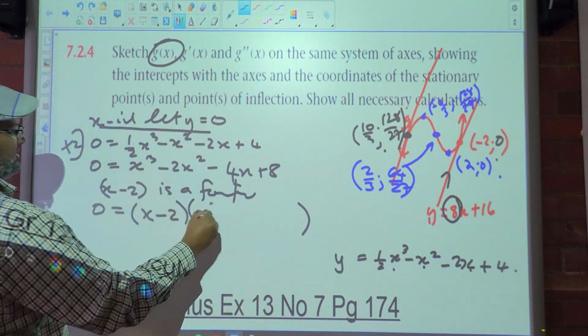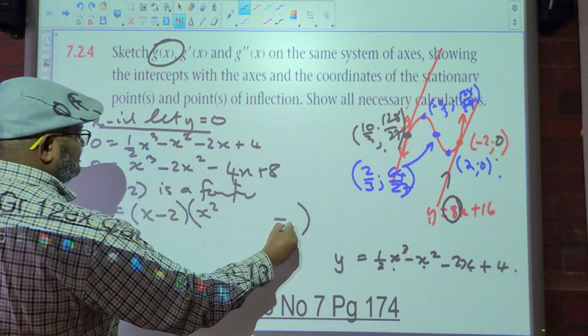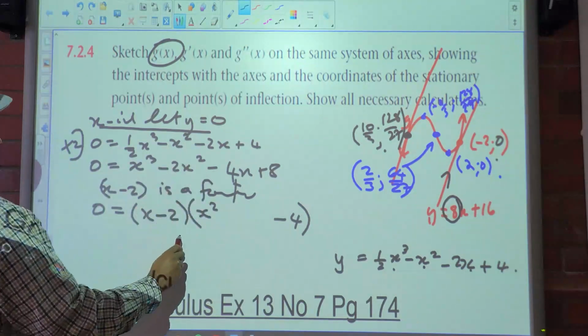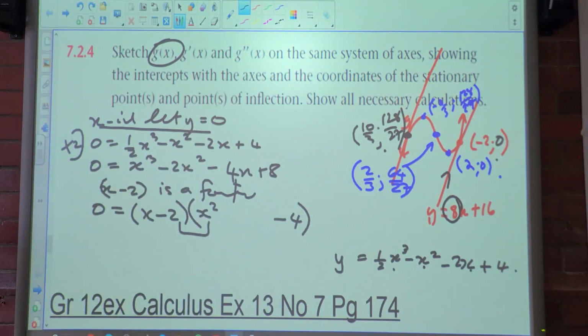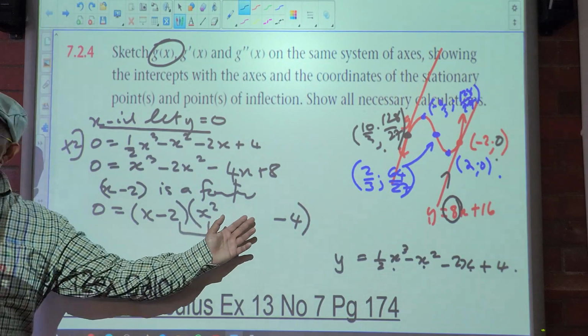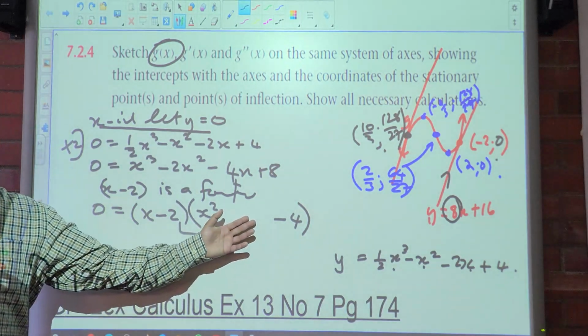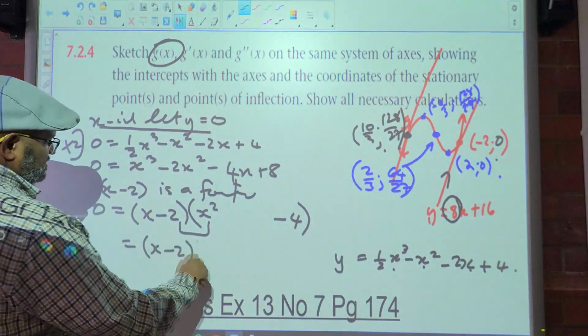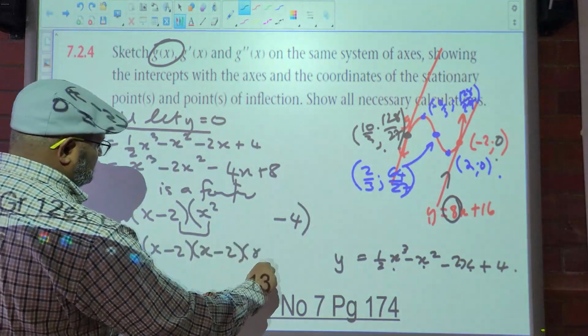x times x squared is x cubed. Negative 2 times what is 8? Negative 4. So what do I need to end up with? Negative 2x squared, and I've got it already. Nothing needs to be added, or a k value of 0 must be added. So it's a difference of squares: x minus 2, x minus 2, x plus 2.